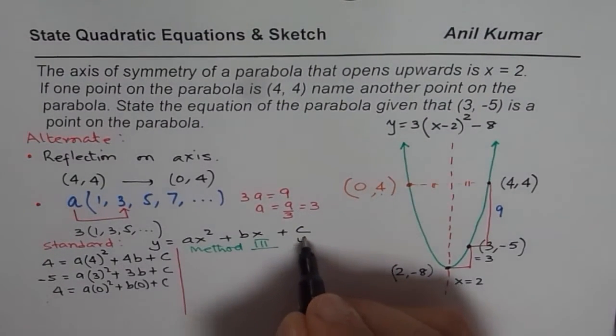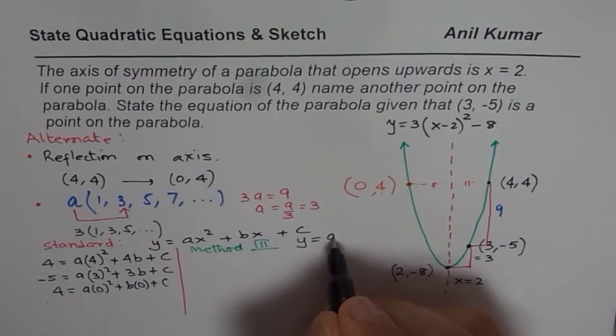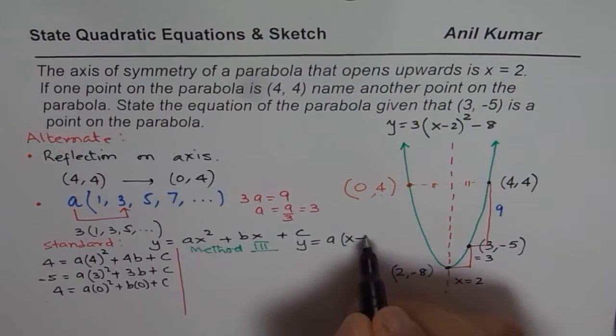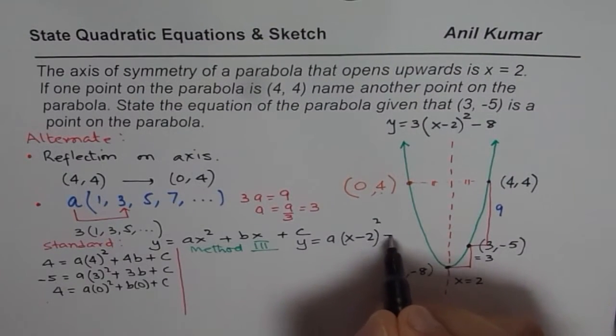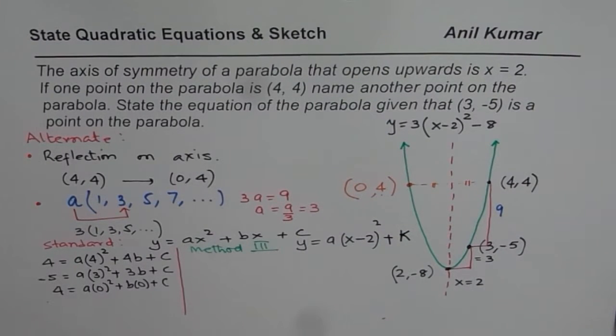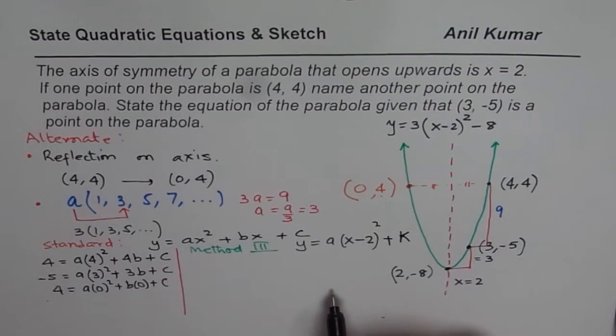So we'll use the vertex form this time. Say y equals a times (x minus 2) squared, since 2 is my axis, plus some value k. Books use different notation, h and k are common values. So that is my k.